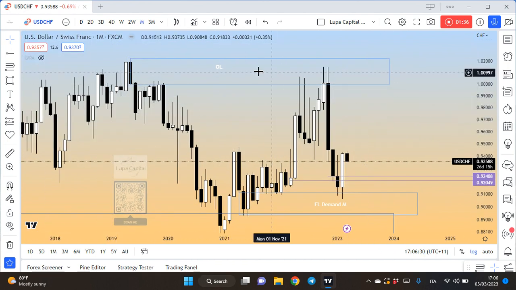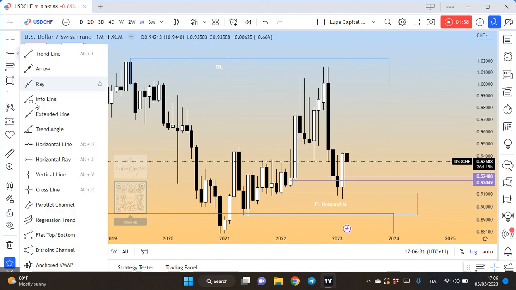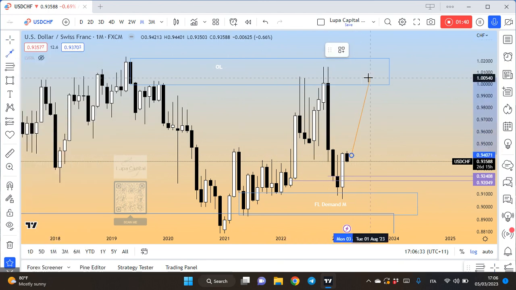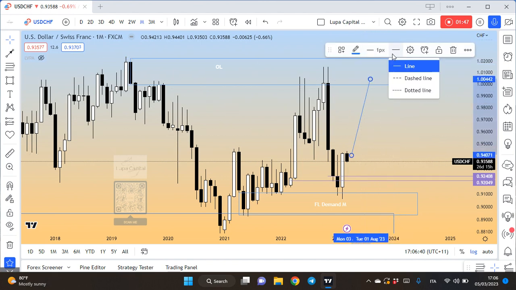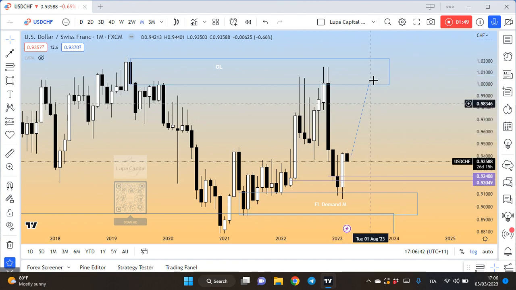Where price can go in the long term is heading up towards parity again. Now, the reason for this is due to a number of reasons. One being it's an original level which has been tested once.